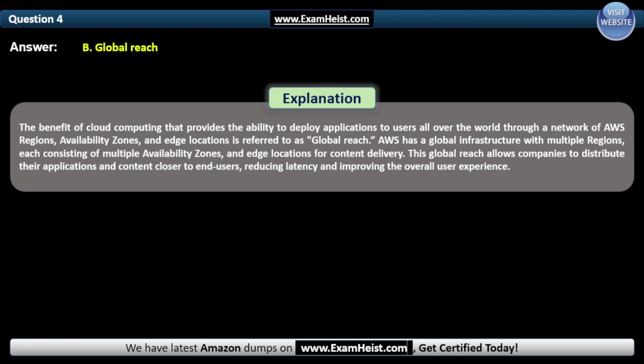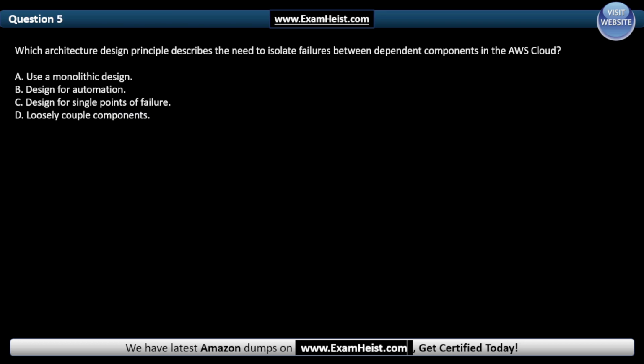AWS has a global infrastructure with multiple regions, each consisting of multiple availability zones and edge locations for content delivery. This global reach allows companies to distribute their applications and content closer to end users, reducing latency and improving the overall user experience.